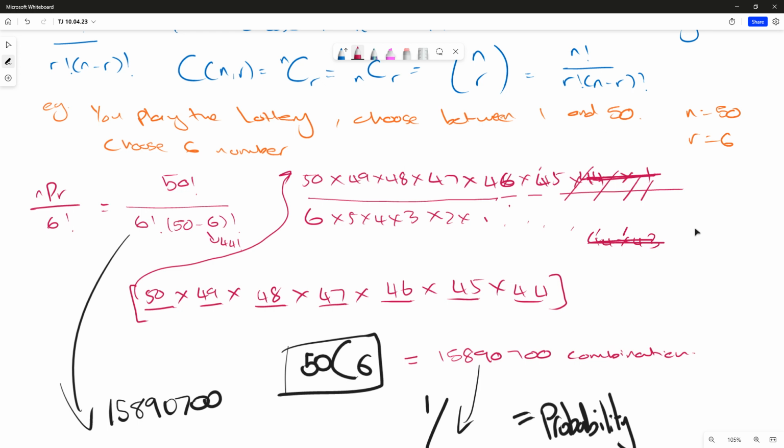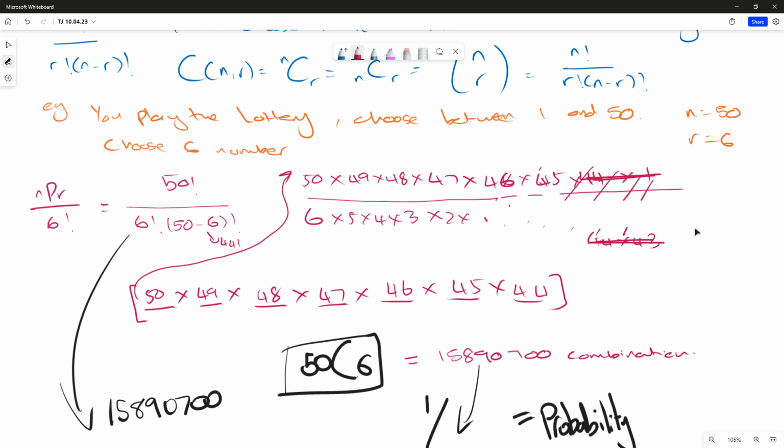Because a repeated number would be, for example, I choose 44, 45, 46, 47, 48, 49, 50. It's the same numbers, but it's just in a different order, right? So in that case there, we would have to remove that.